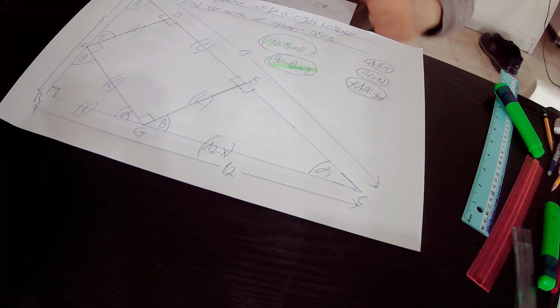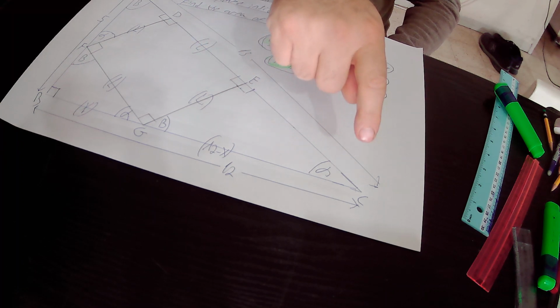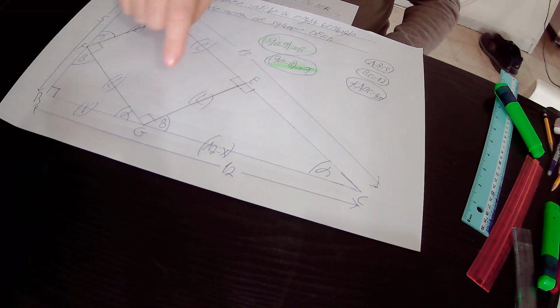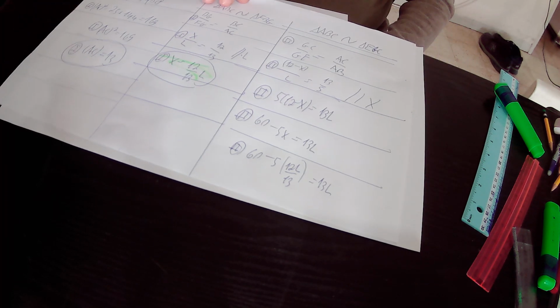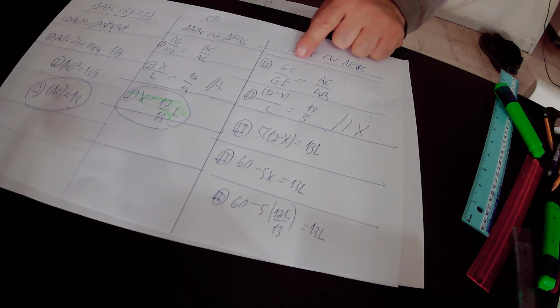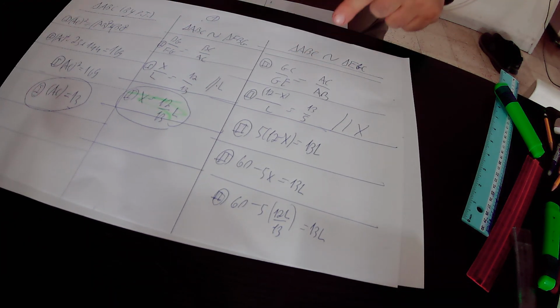We will derive that GC over GE in the right triangle EGC equals AC over AB in the right triangle ABC.